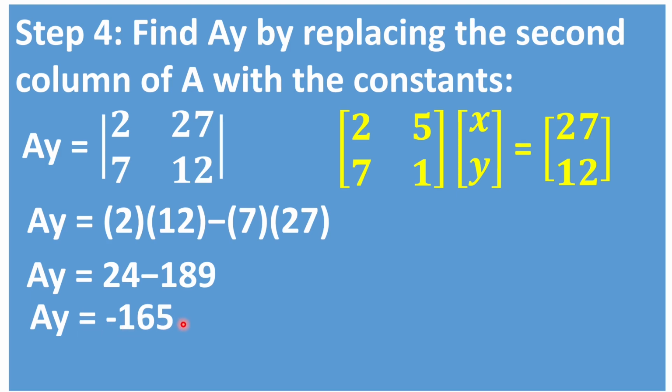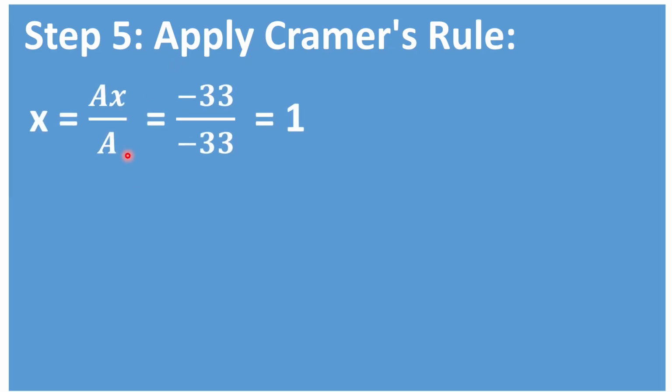And now in the final step, we will find x and y. So x equals Ax divided by A. We have already found the values: Ax equals minus 33 and A equals minus 33. So minus 33 divided by minus 33 equals 1. And then we will find y.